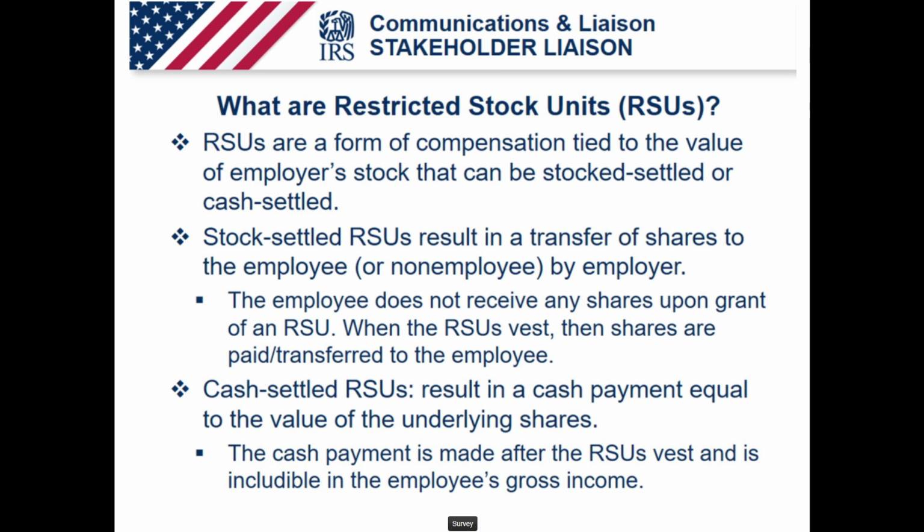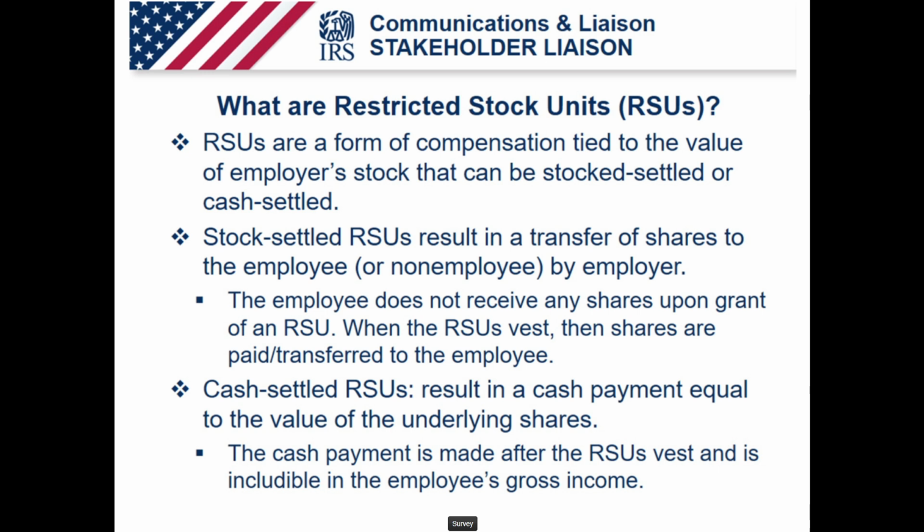The employee typically pays nothing to acquire the stock since it is part of compensation. The company will specify what amount of stock each RSU is worth once it vests. The employee does not gain any rights or stock ownership, such as voting rights or dividend payments, until the shares are earned and issued. While the company has discretion, the standard vesting period for RSUs is 3 to 5 years.